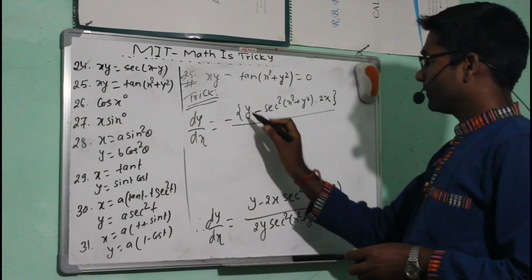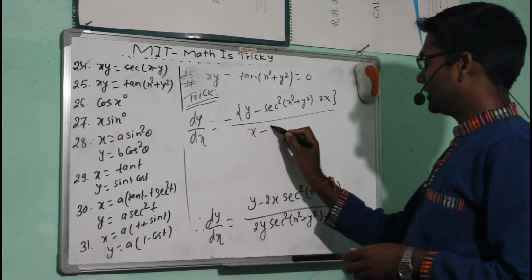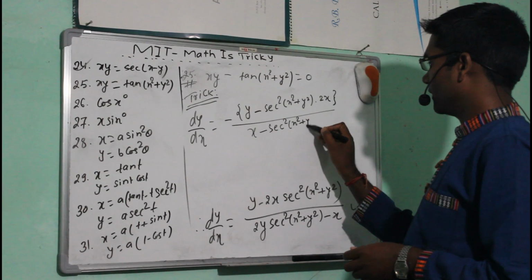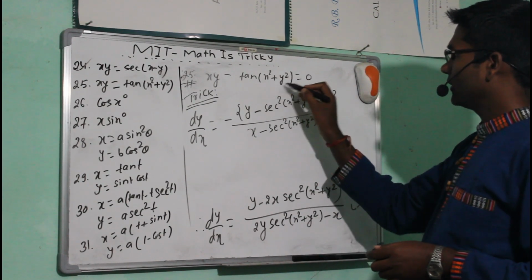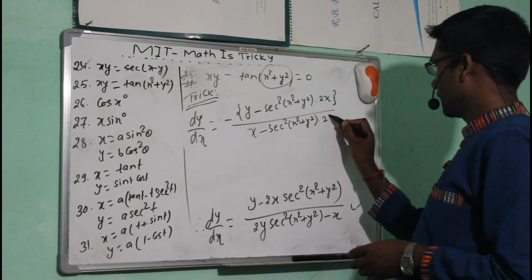Now differentiate with respect to y, so it will be x minus again sec square(x square plus y square) times the derivative of this with respect to y, which is 0 plus 2y.